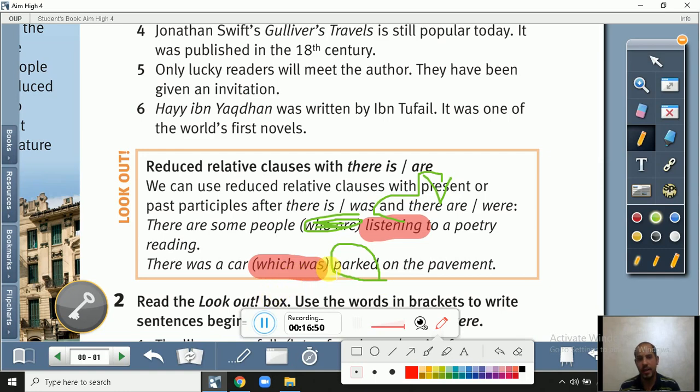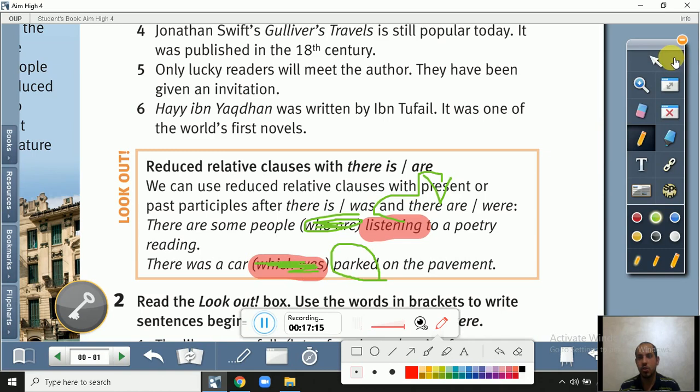For sure, yes. Why? Because we have there is or there was or there are or there were, and the same with which, it is followed by the past participle, so we can delete it.